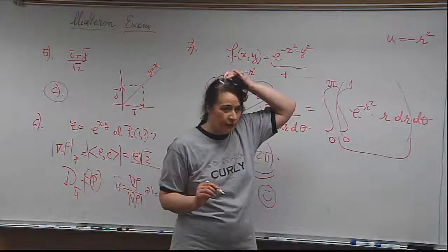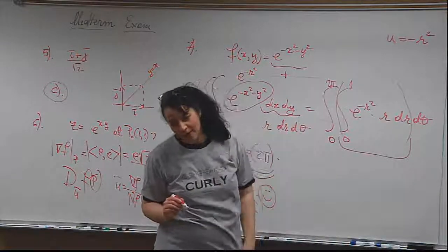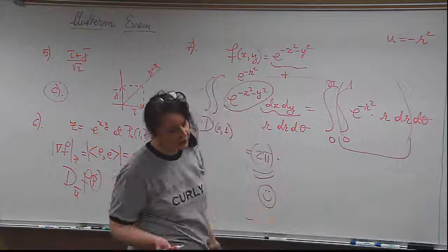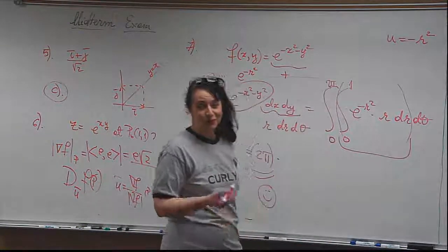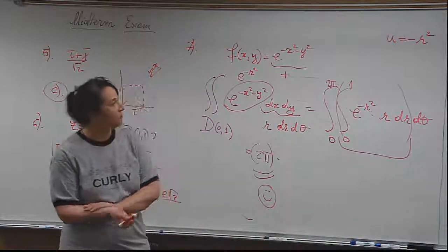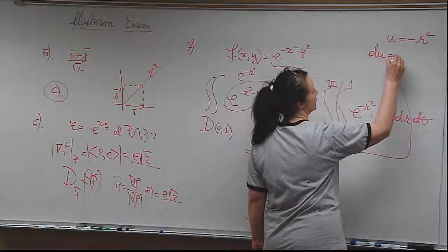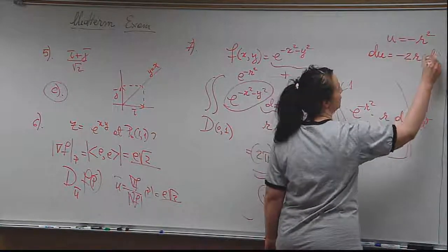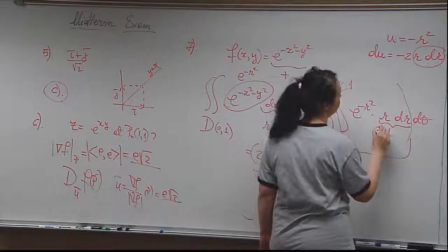Somebody even got negative answers. I was about to fall off the chair, but of course, I was in a good mood because it was a holiday. Fortunately, I graded them over the break, after I came back from Georgia. So I have minus r dr. r dr was minus a half du.